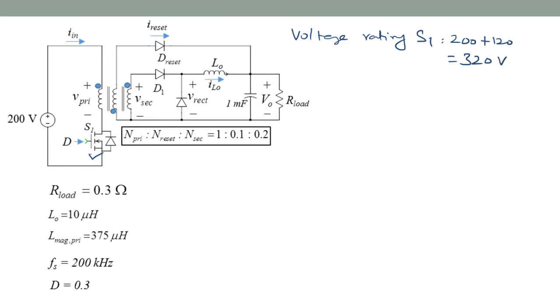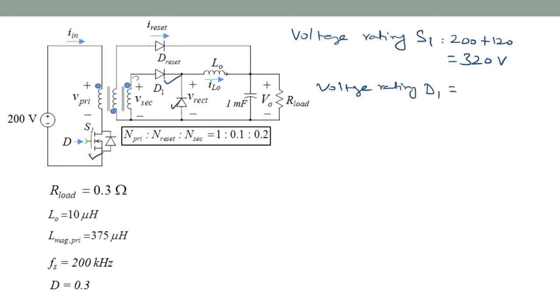Okay, then voltage rating of the diode D1, this diode here, D1. Okay, so D1 blocks a voltage when this reset diode, the freewheeling diode, is conducting, and when that happens, the voltage across the D1 is simply V secondary, and we're looking at the V secondary during this off interval 1.